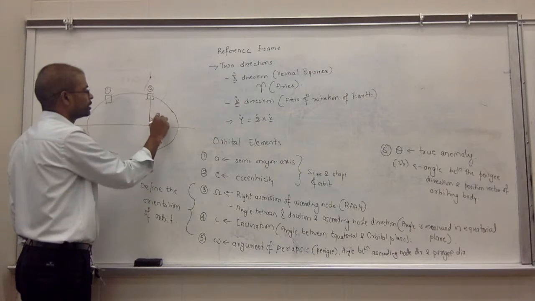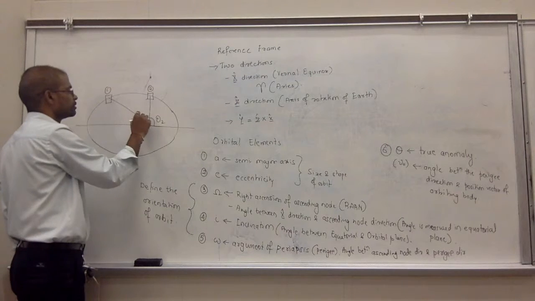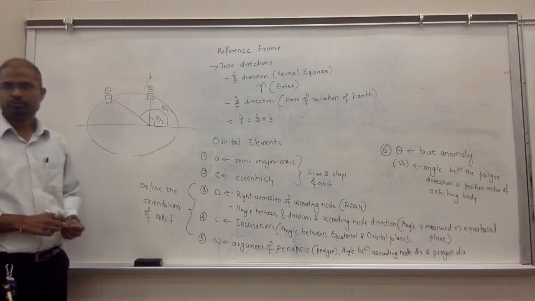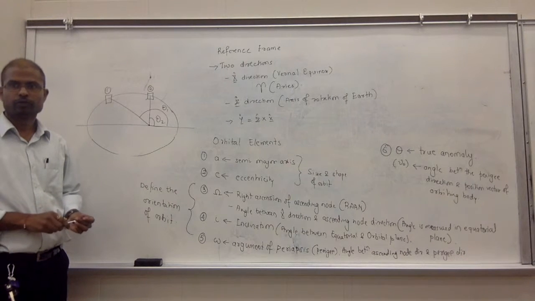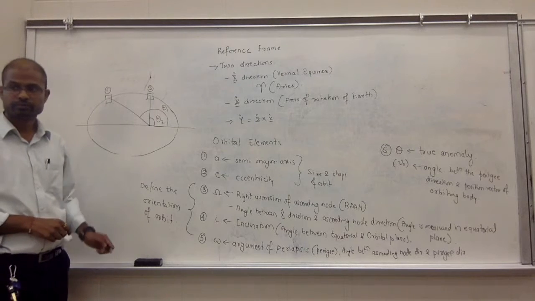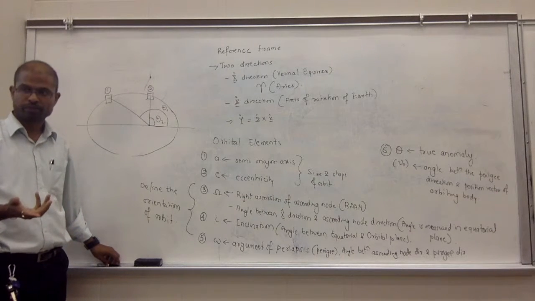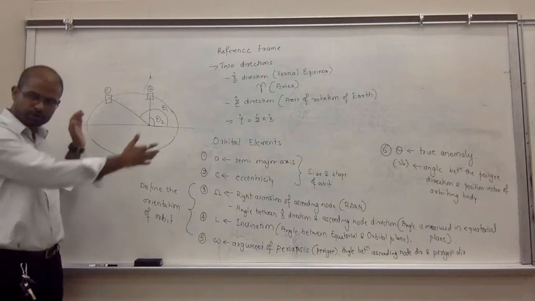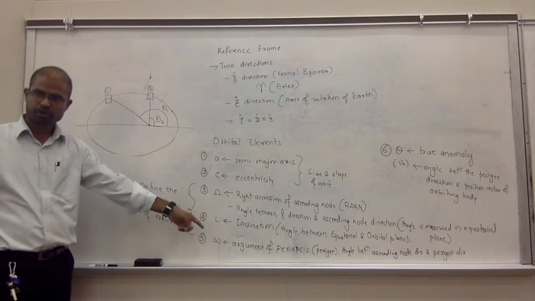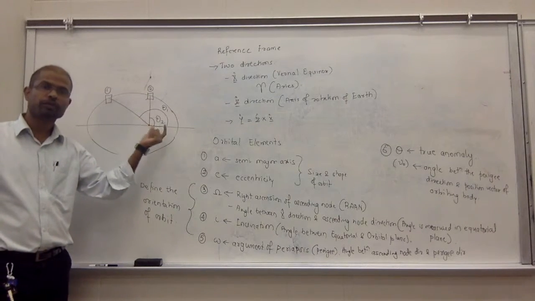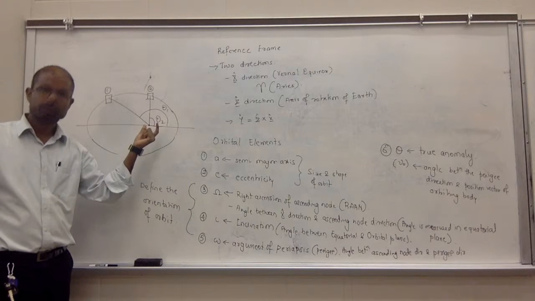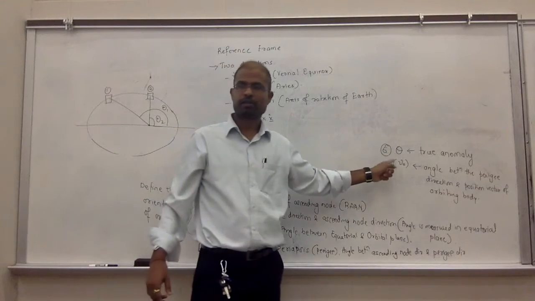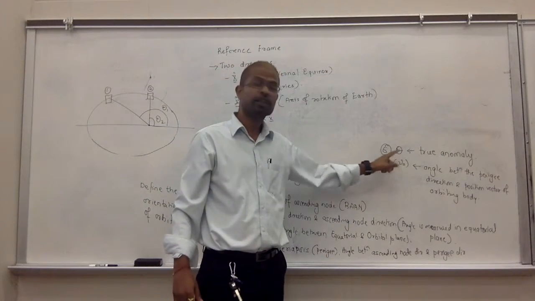This is theta 2, this is theta 1. Got it? Everything else can be the same. The size is the same, the shape is the same, the orientation is the same, but these are considered two different orbits. Because theta is different.